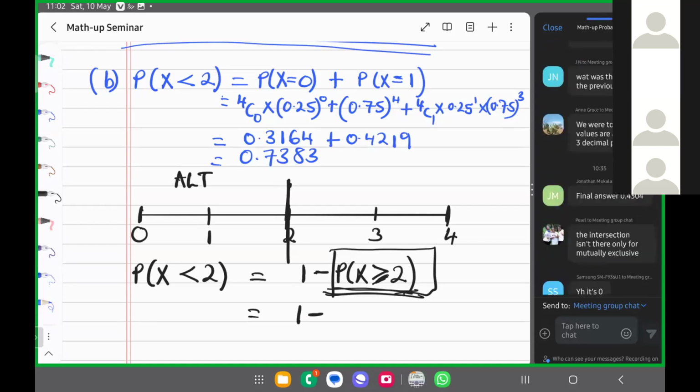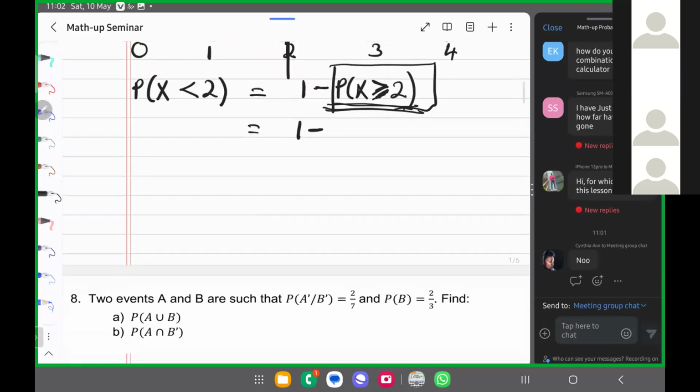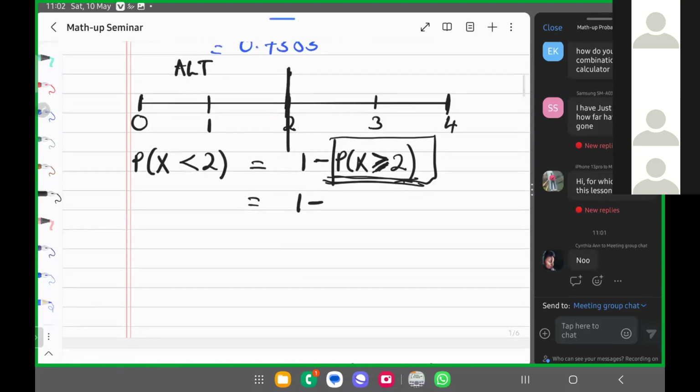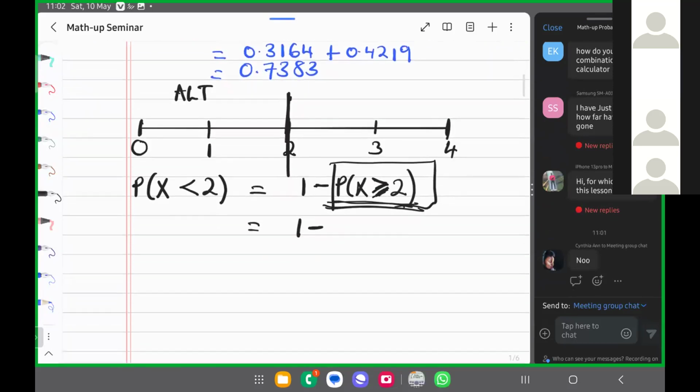Okay, it's okay. But the cumulative normal probabilities can be read off from the logbook. So in case you don't have to go through the tedious process of calculating, you can just read it off from the logbook, and you take 1 minus that probability. Unfortunately, I don't have a logbook here, so we can't get it.